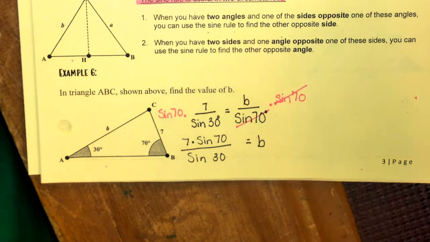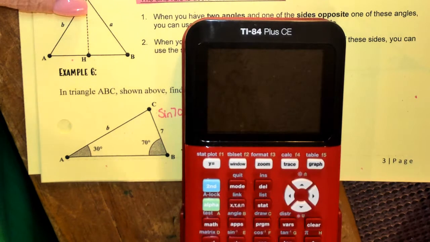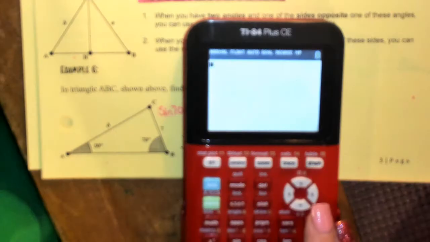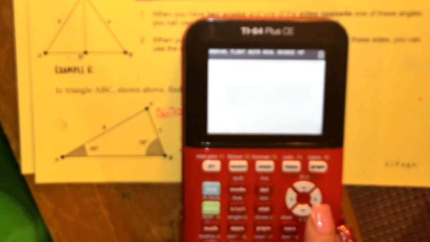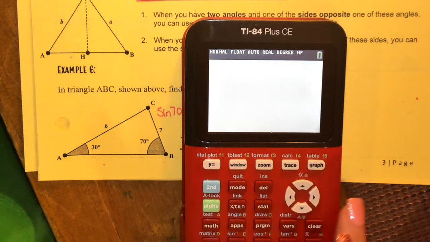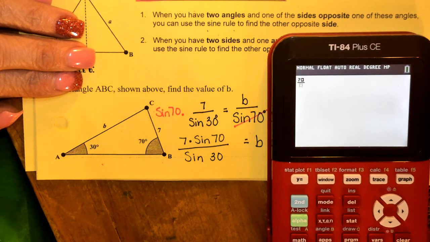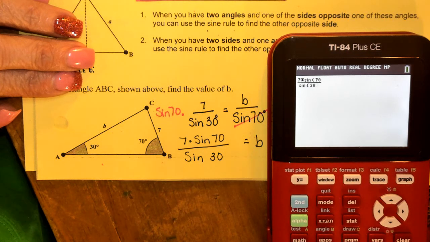And then I'm going to use my calculator to find that. Remember, be sure that you are in degrees and you're not in radians. Oh, that is super blurry. There we go. All right, so I'm going to do 7 times the sine of 70, and then sine of 30 on the bottom.